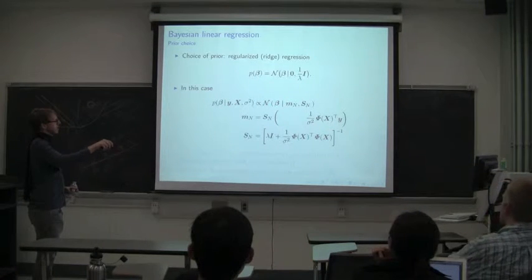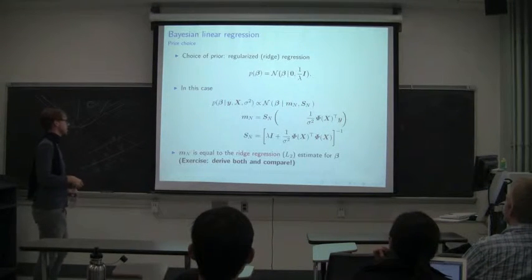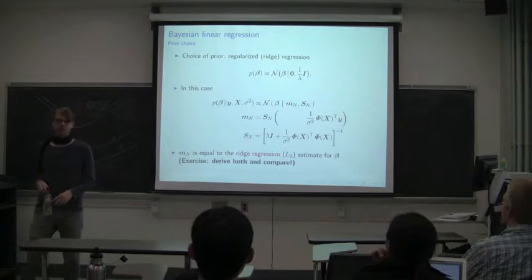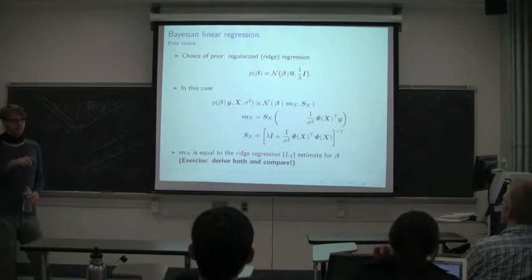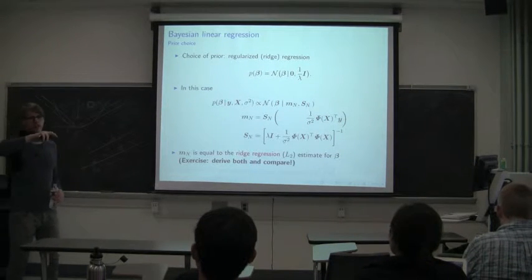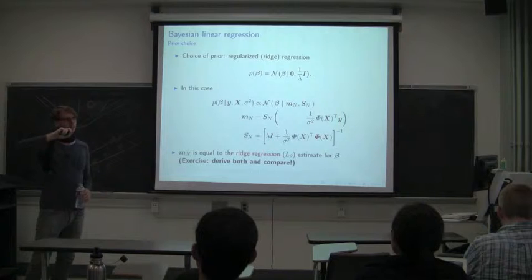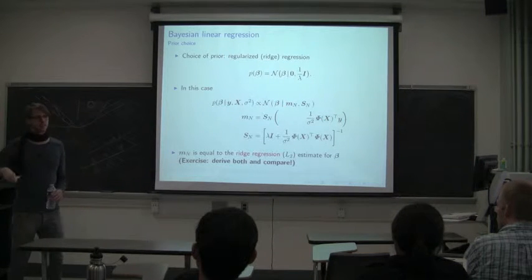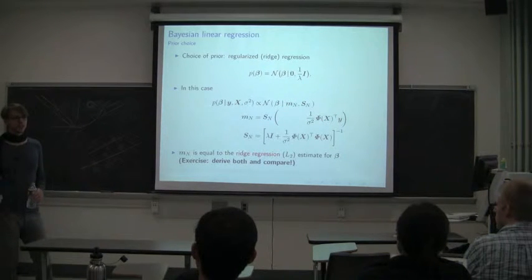The mean will exactly be the ridge regression estimate, and that is an exercise that I encourage you to do, to derive these two. Write down the squared loss plus the squared penalizer, and try to minimize that using linear algebra.